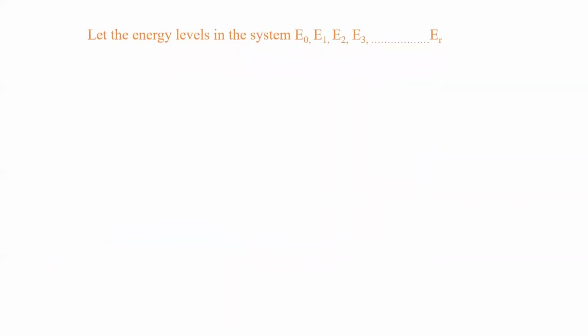Let the different energy levels in the system be E0, E1, E2, and so on up to ER. We don't know how many particles are there at each energy level. Using Maxwell-Boltzmann statistics, we are going to find that.